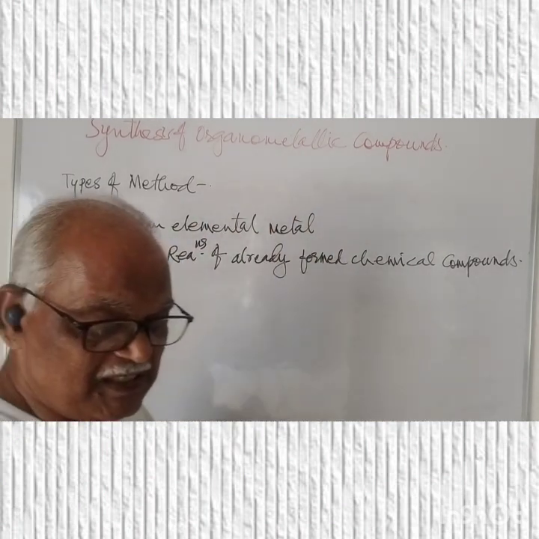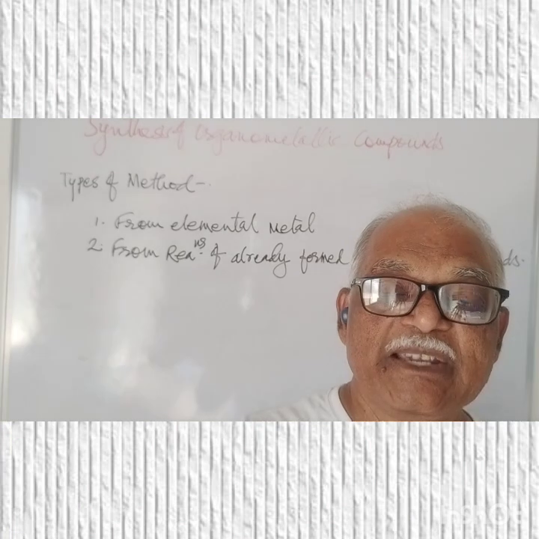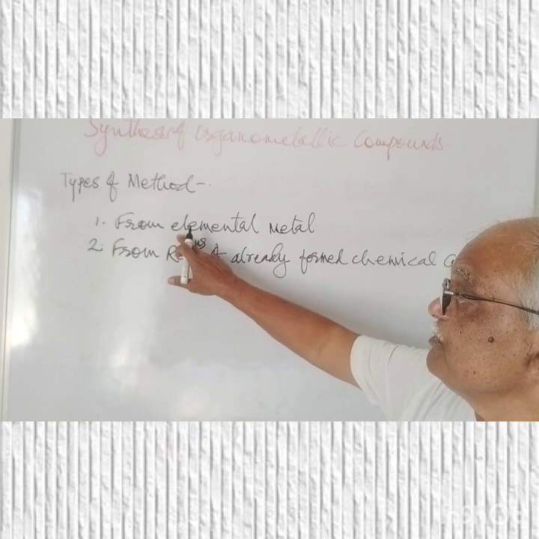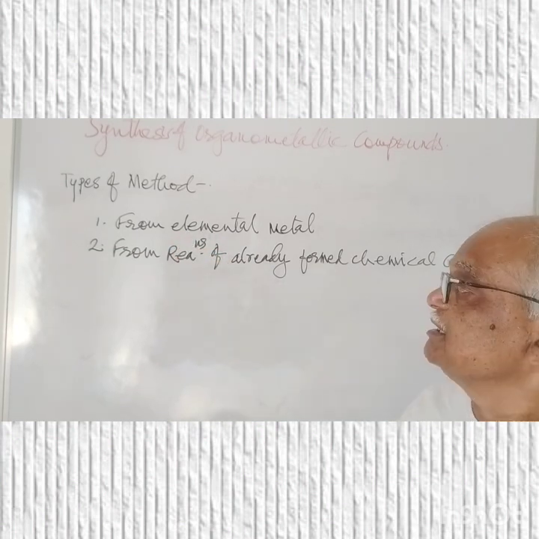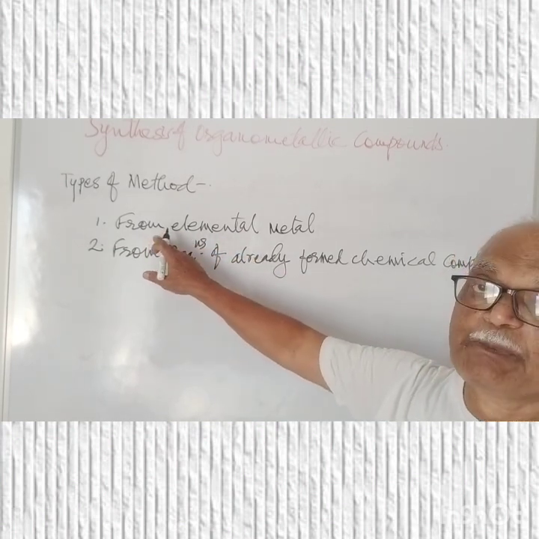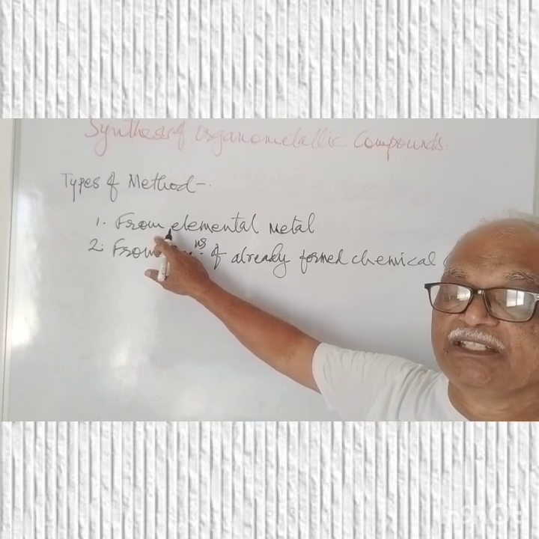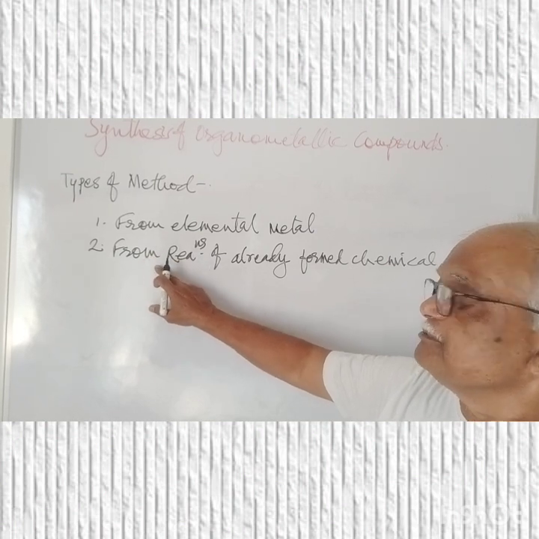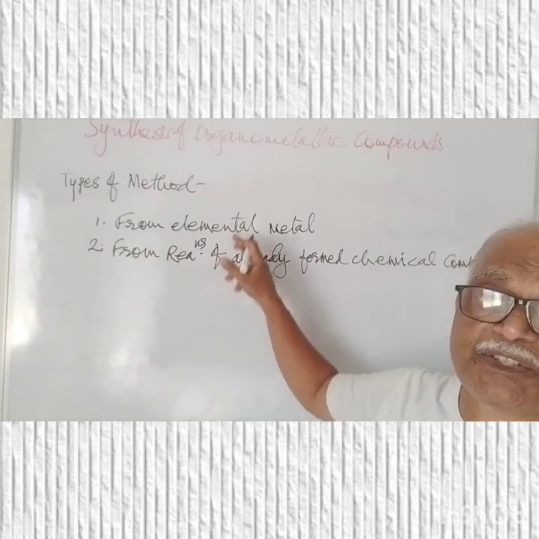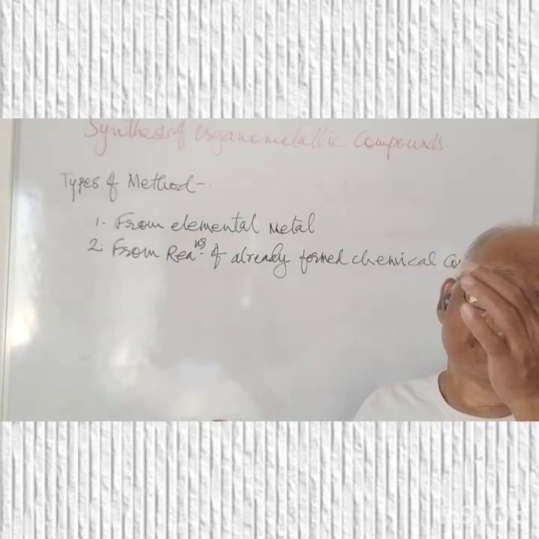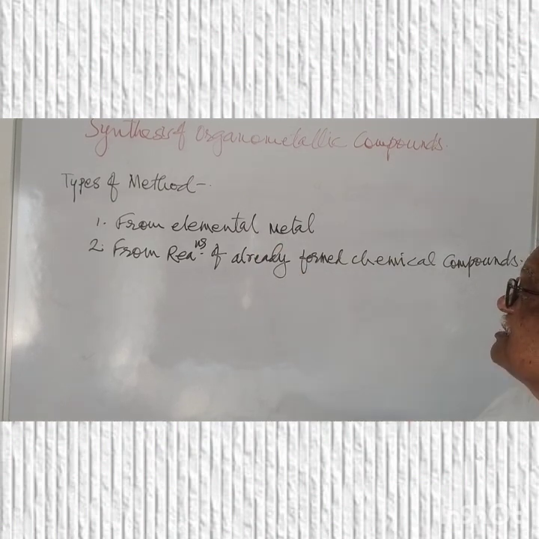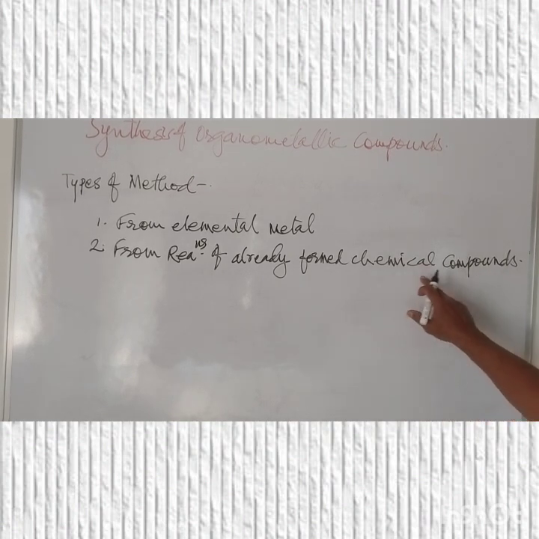So we have divided all synthetic methods of organometallic compounds into two categories. The first category shows that the organometallic compounds can be prepared by using the metal in the elemental state, and the second is by using reactions in which, instead of the elemental state, the metal is used in the form of chemical compounds.